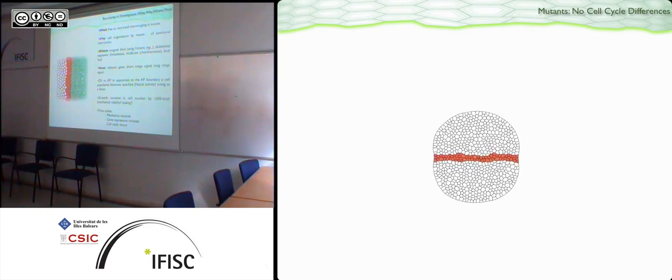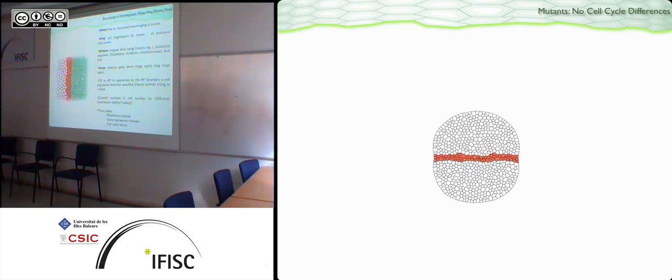This is part of the work that we were doing in the past in order to understand how this regulatory network is working, and this is the comparison between the simulations and in vivo experiments. This region here, this line, is what is called the DB organizer, and it is in red because all those cells have the receptor activated.